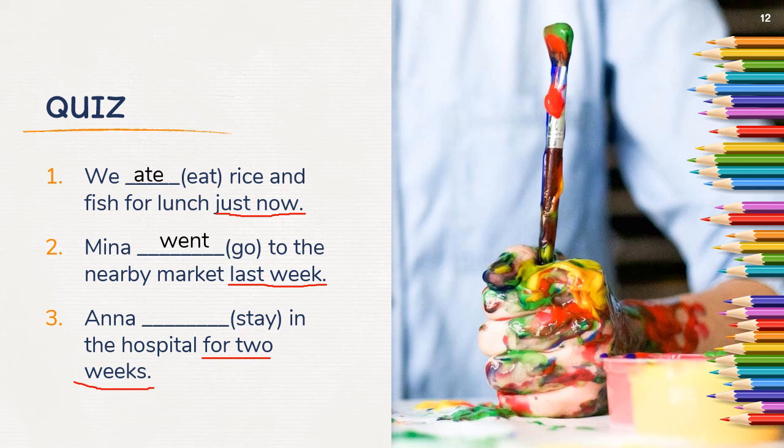Okay, so Anna for 2 weeks indicates past tense. So stay becomes stayed in past tense. Well done. So Anna stayed in the hospital for 2 weeks. Well done class.